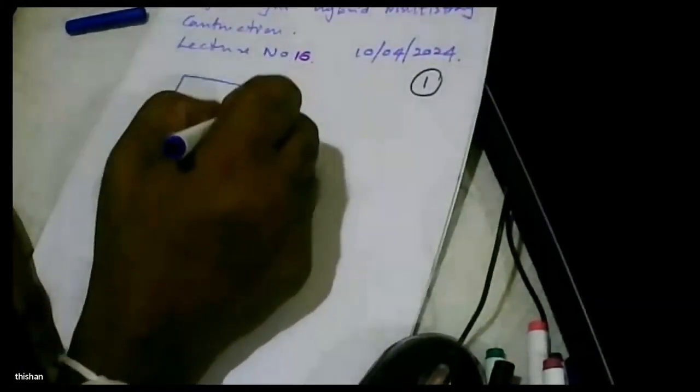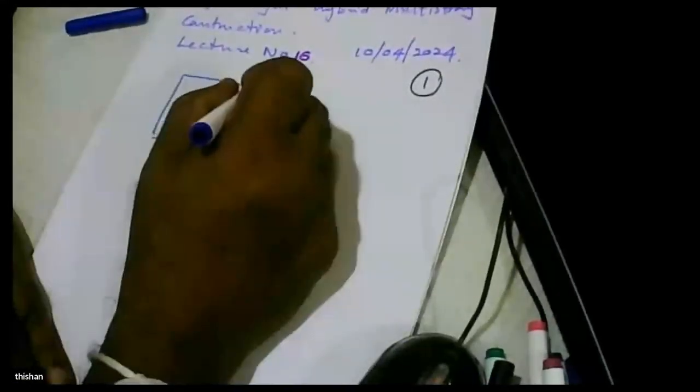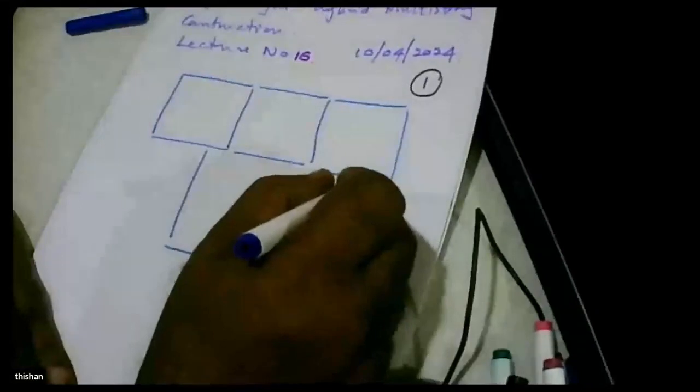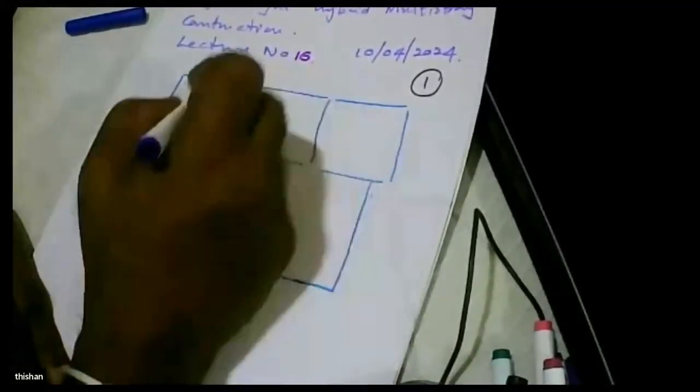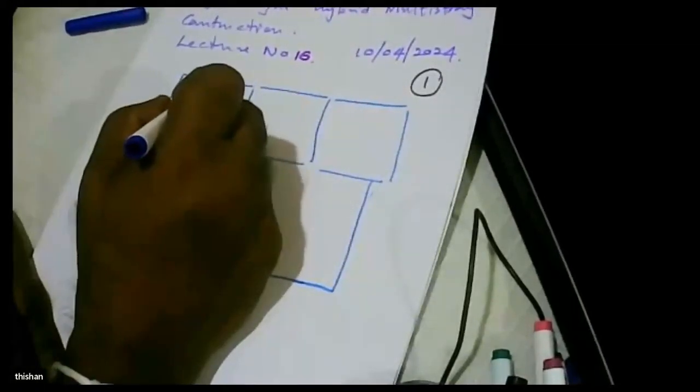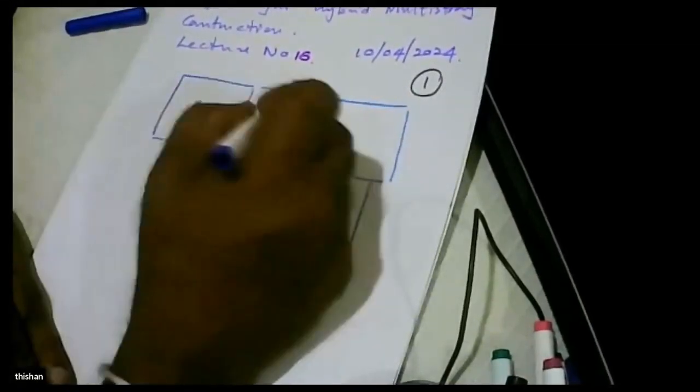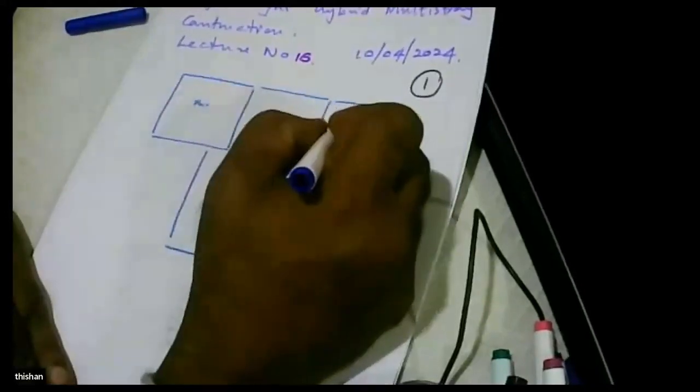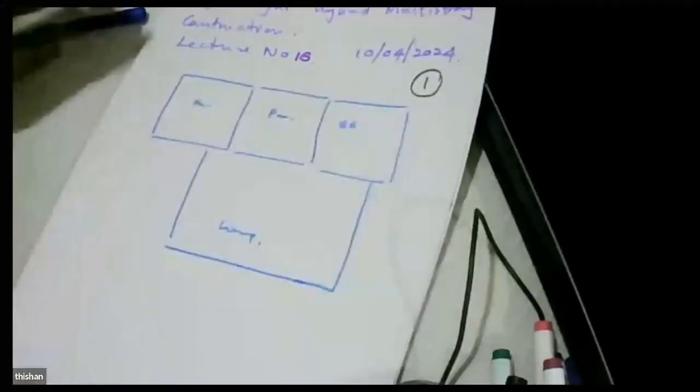If you look at the example that we have considered, a house of this type of shape, this is the living area, and these are the rooms like kitchen, pantry, bedrooms, and so on.